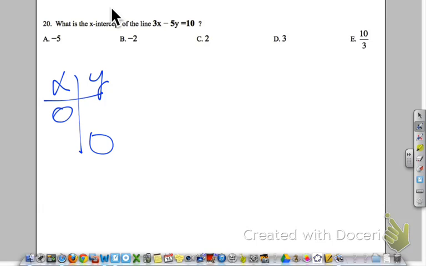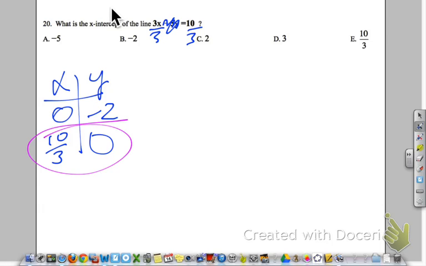If I cover x, negative 5y equals 10, so y is negative 2. And then if y is 0, I divide by 3, and I get 10/3. So then I go back and actually think about what they asked me. They asked me for the x-intercept. So the x-intercept is when x is a number, so that's this one here. So the x-intercept is 10/3.